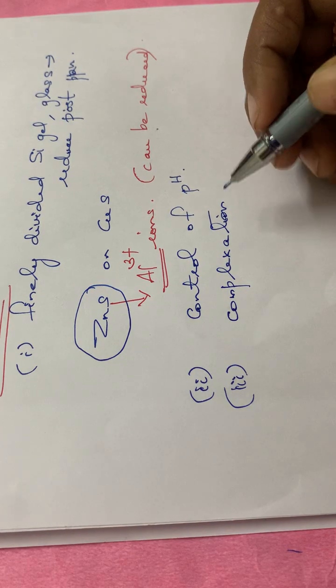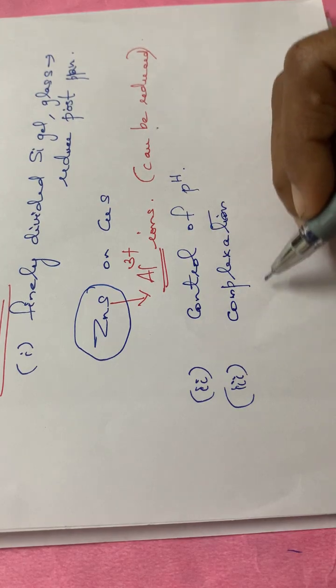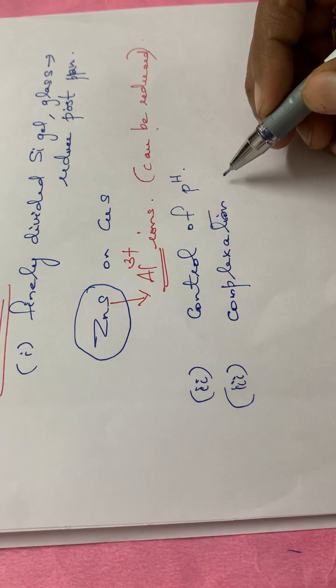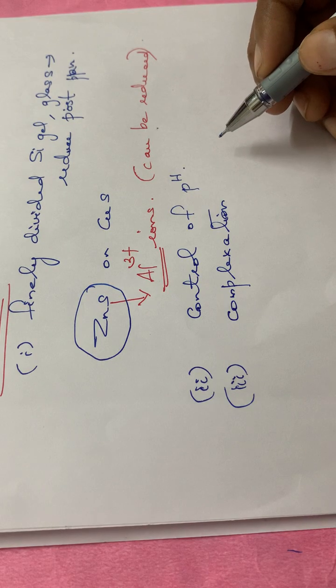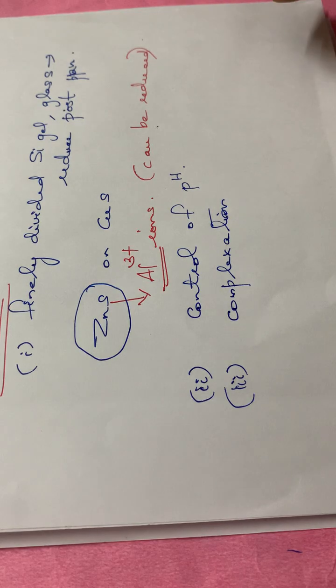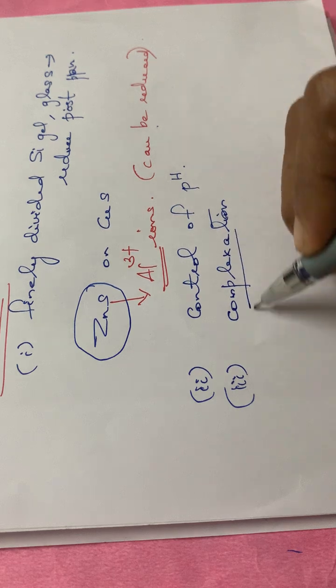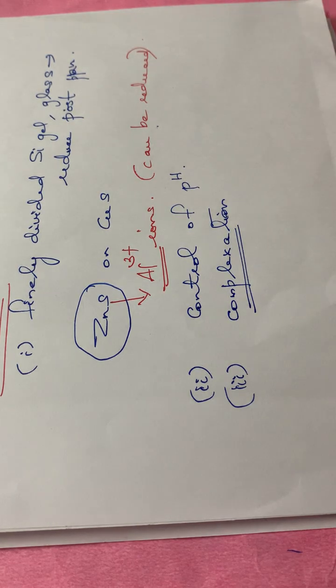The impurity ion may get complexed with that particular ligand, so in the remaining solution the needed metal will be present, and that metal will react with the precipitating agent so that we obtain a precipitate. So the impurity metal can be complexed with some other ligands. That is the third method of prevention.